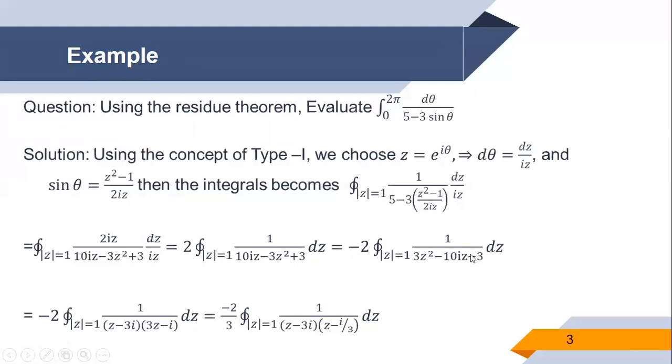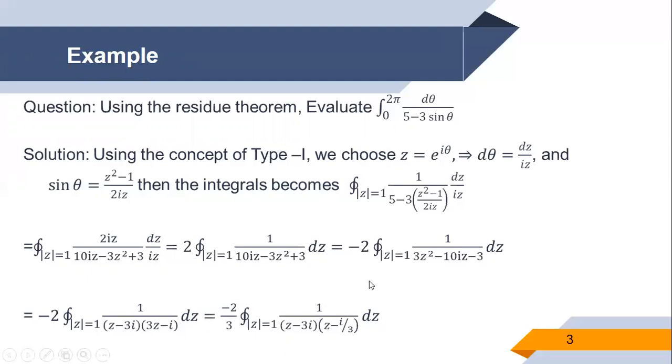We use the delta method: a is 3, b is minus 10i and c is minus 3, and then we find the roots of the equation. The factors of this polynomial are z minus 3i and 3z minus i. Now 3 common, so minus 2 by 3, integration of dz upon z minus 3i and z minus i by 3.